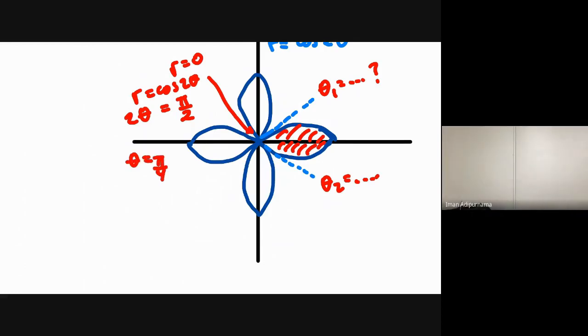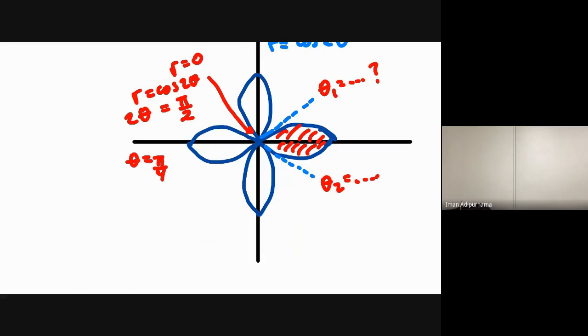If you skip understanding this, all the things in polar you will not be able to calculate. It will be difficult. This is the easy one. So theta will be pi over 4 here, and the same thing for theta 2. This is the mirror of this angle, minus pi over 4.